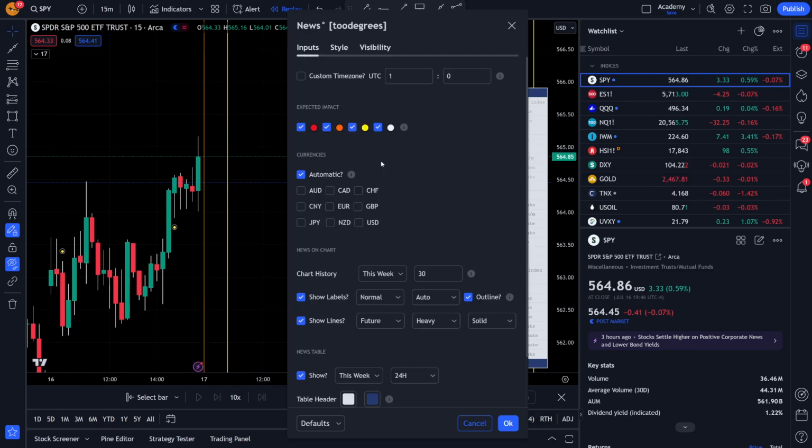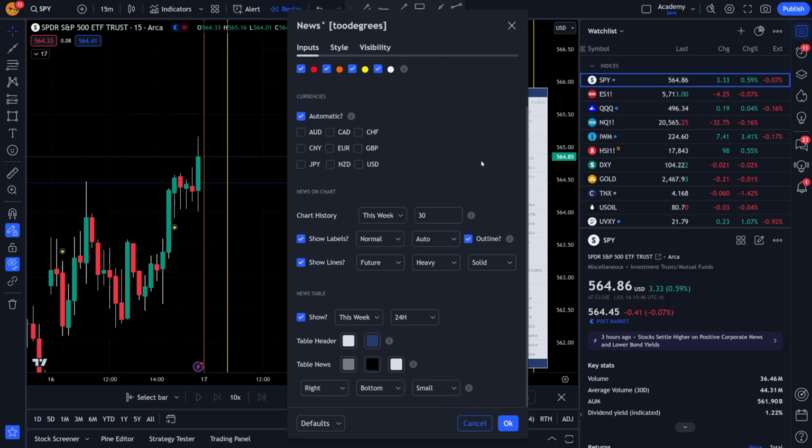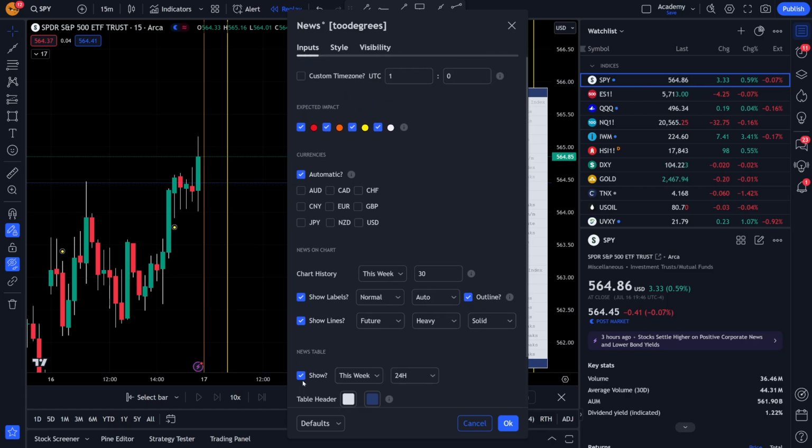What's great, and another good quality of an indicator, is its customizability, so that you're able to make it more adaptable and more relevant to your trading strategy, right? So you're able to customize some of the colors. You can show just specific data.